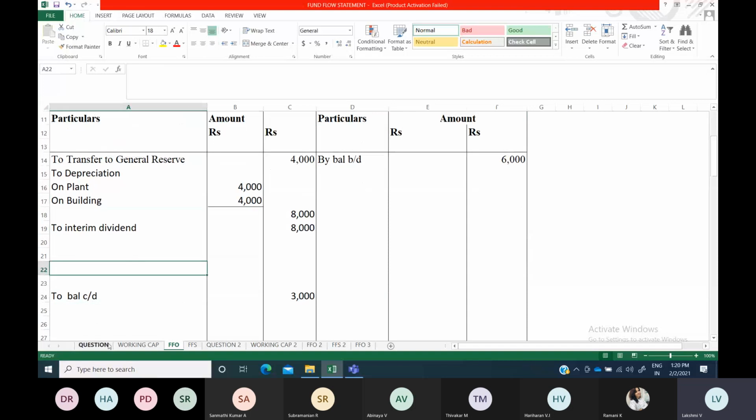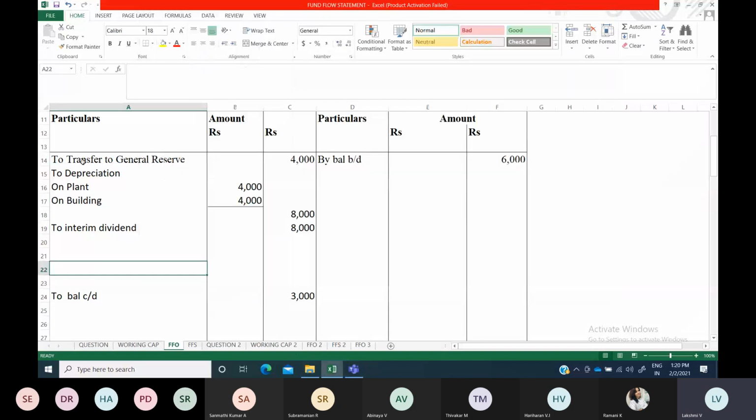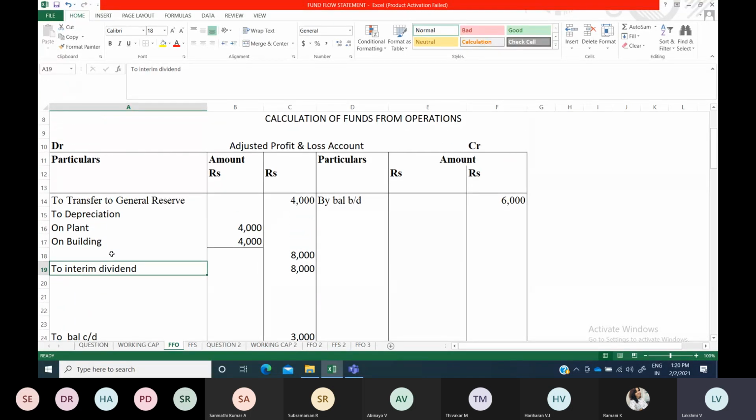Then you find out which items will come under the debit side or credit side. On the debit side, usually depreciation will appear. If there is interim dividend paid, it will come both in fund from operations as well as the fund flow statement.